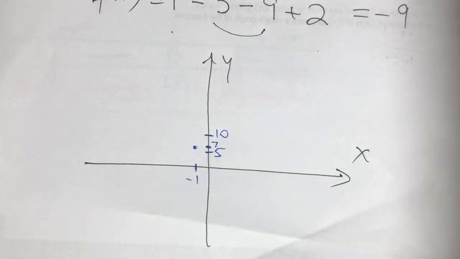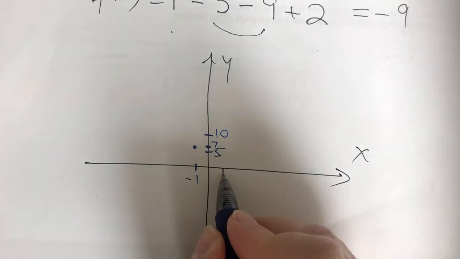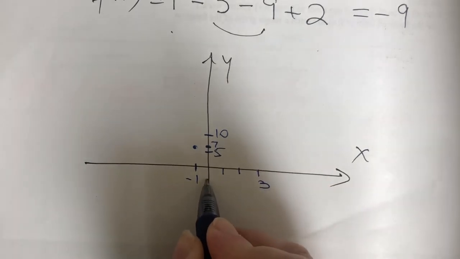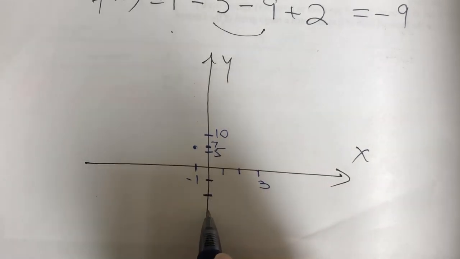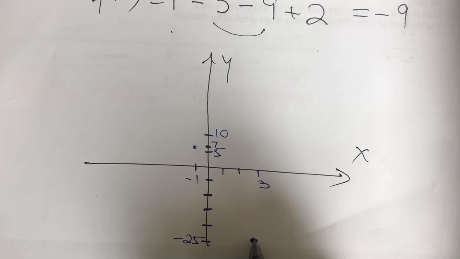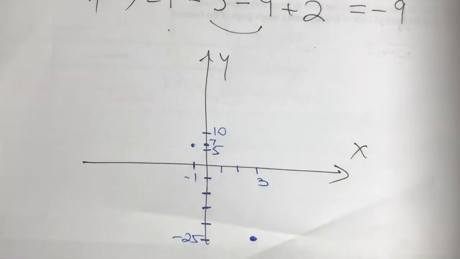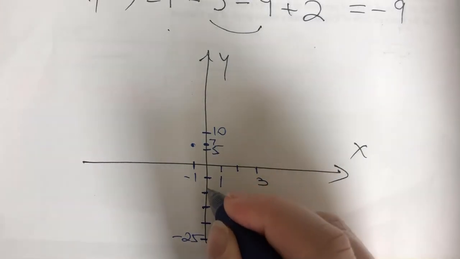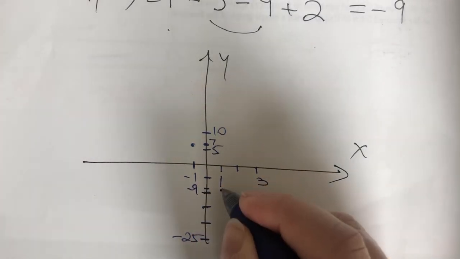And then I have the point of coordinates positive 3 and negative 25, which is why I went by 5s. I'm still trying to keep it to scale. And then I have the point of coordinates 1, negative 9, which should be about here.